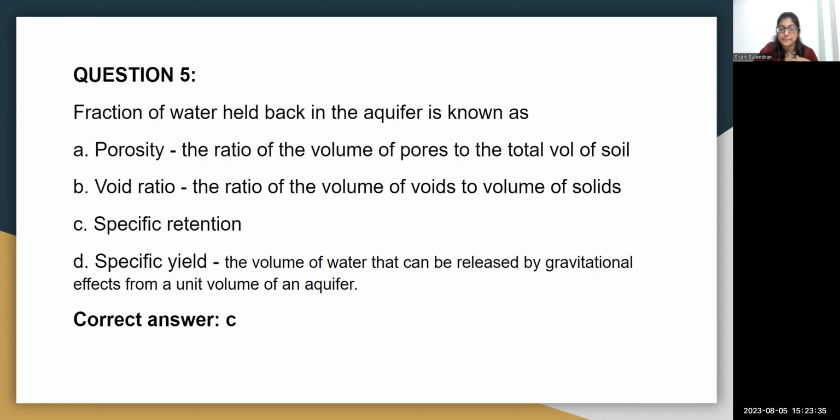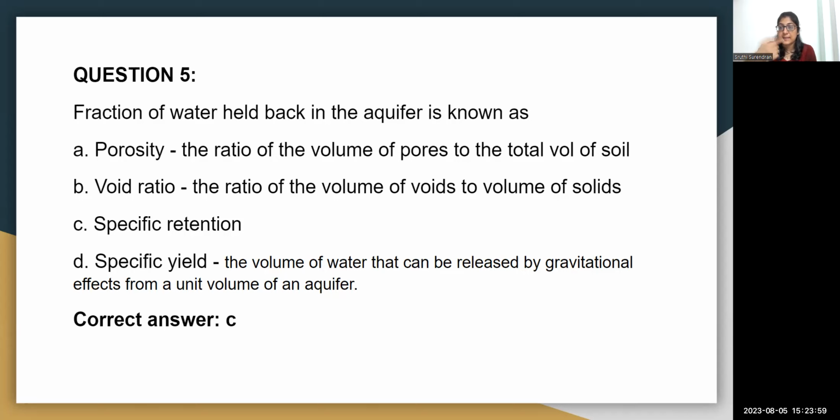Now moving on to the next term, which is void ratio. Void ratio is nothing but, again we are taking a soil sample. Like I said, there are solid particles, there are pore spaces, and there is also water content in it. So the entire soil sample has the volume of solid particles, volume of pores, and volume of water as well.